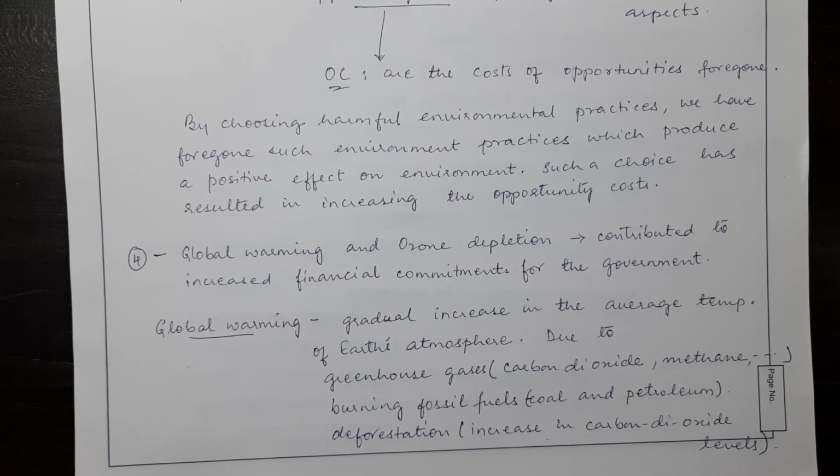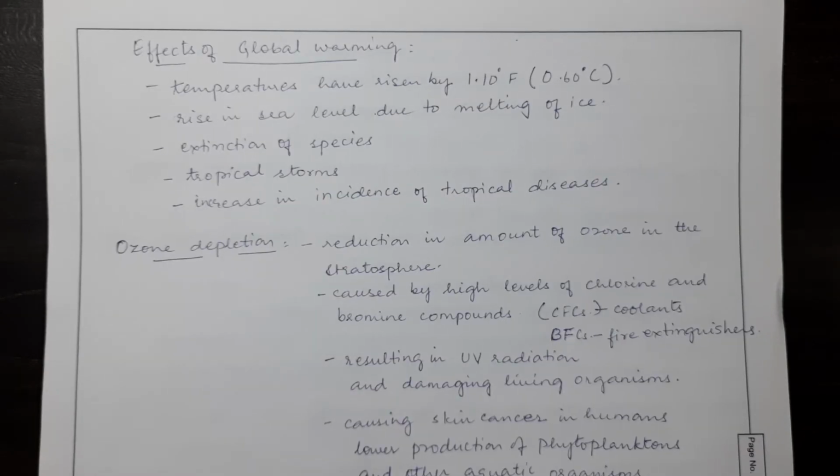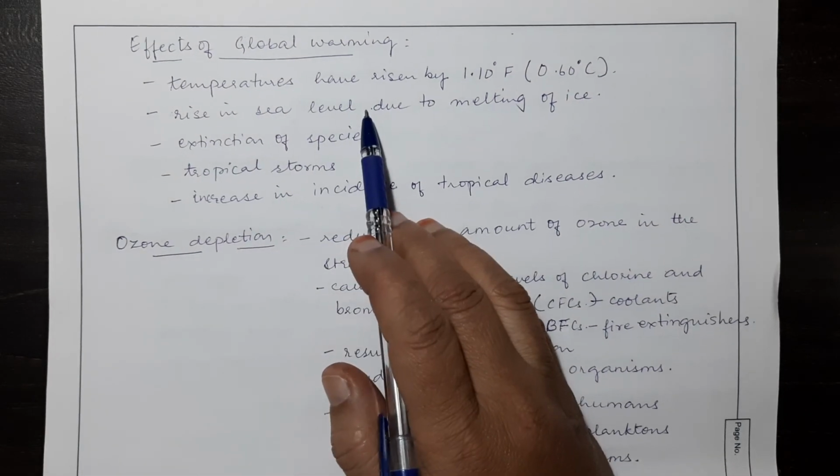When there are forests, we learned in our science classes that trees provide us with oxygen and absorb carbon dioxide. So when deforestation takes place, the carbon dioxide levels in the atmosphere increase, thereby increasing the temperature. Let's now understand the effects of global warming.